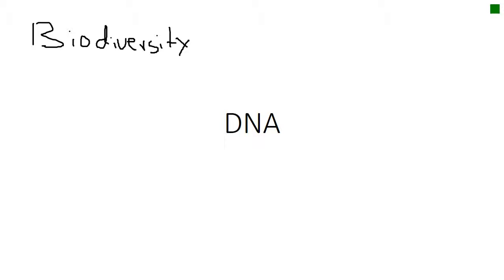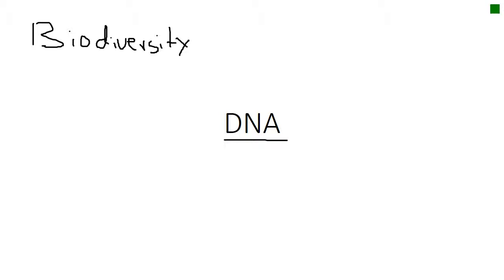So the other kind of biodiversity that we learned about has to do with this guy here. Well, actually, even biodiversity between species has to do with DNA. But the last one is differences between individuals of the same species.